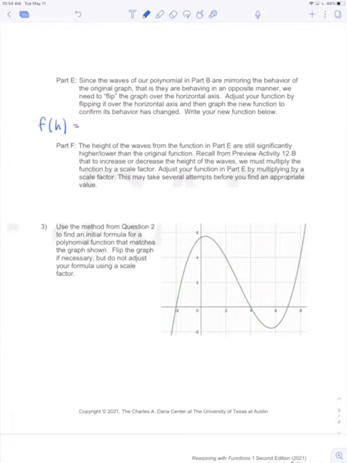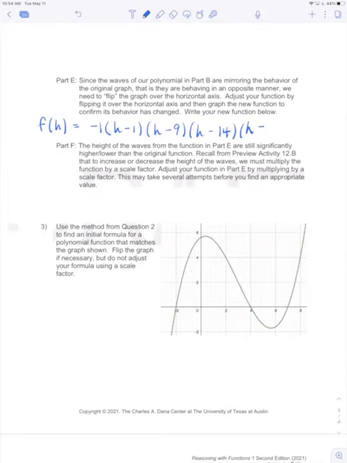I mean, we used x, f of x in the calculator. But here we're going to use the h. So -1 times h minus 1 times h minus 9 times h minus 14 times h minus 23. There we go.